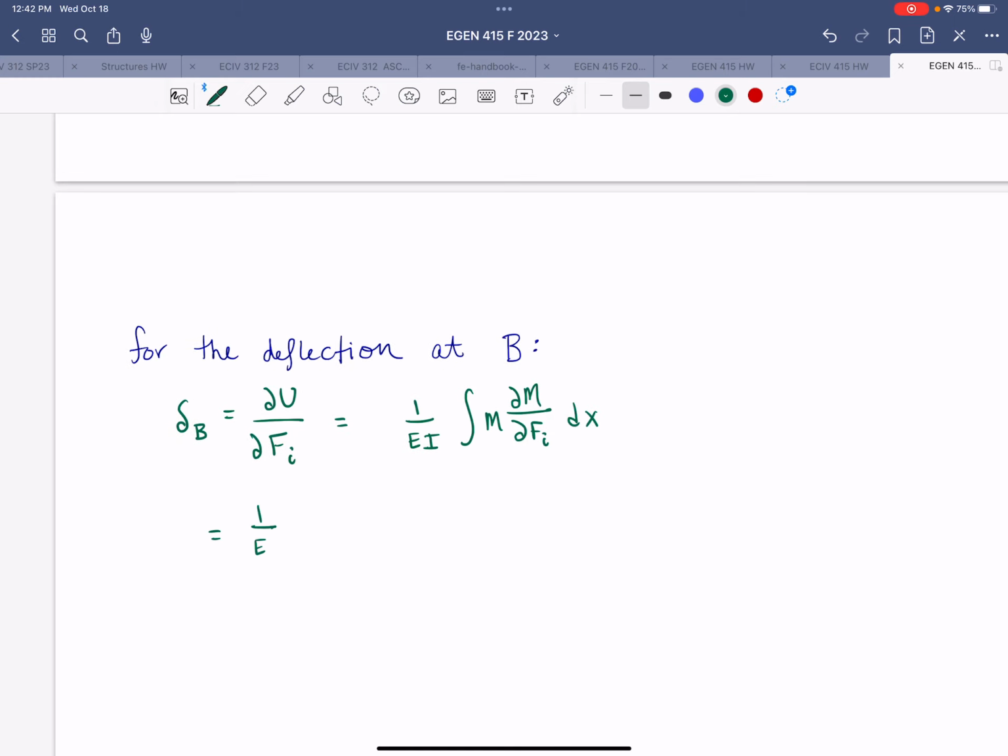So that'll be 1 over EI times the integral from 0 to L over 2. We're going to break it up into the first region and the second region since we have two different expressions for moment. So the first integral for region 1 will have our M1 times the partial derivative of M1 with respect to Fi.